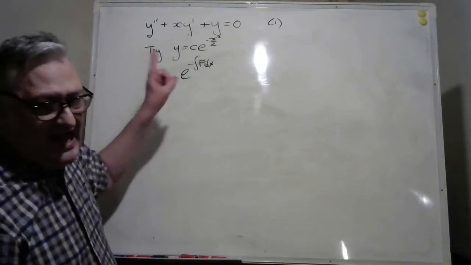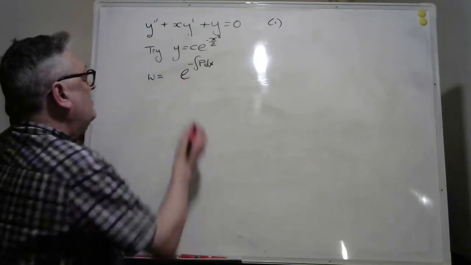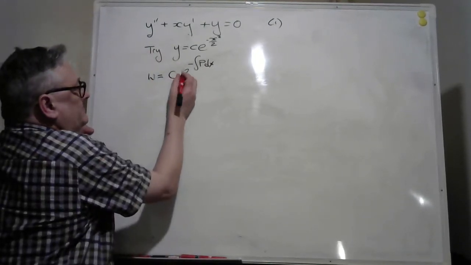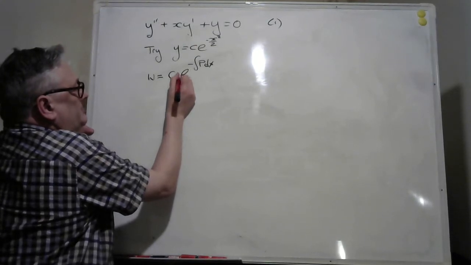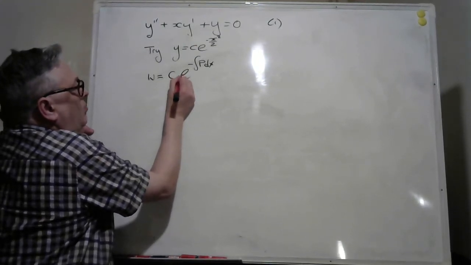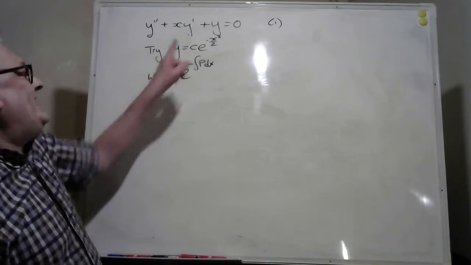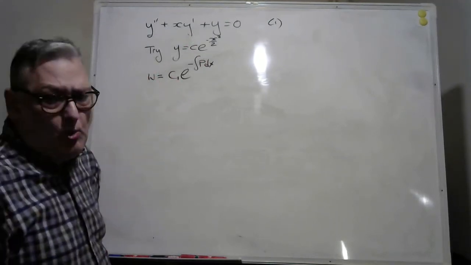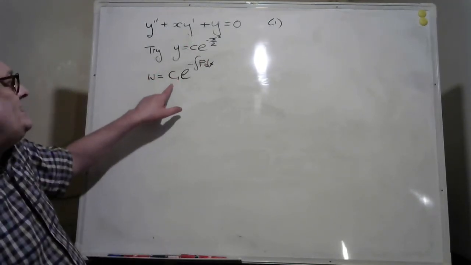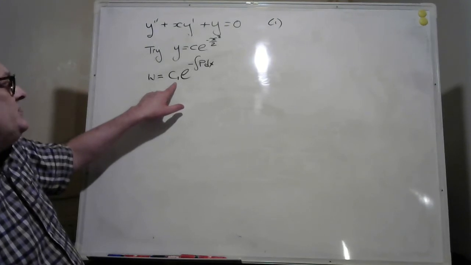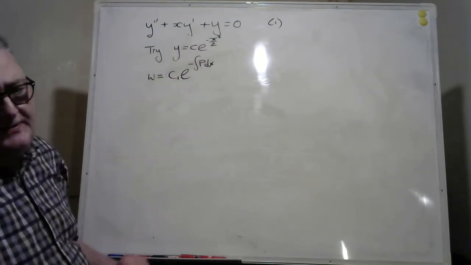What I should have had in that video was another constant, which we'll call C1. I know that's C, but I'm calling that C1. So the Wronskian should always have a C1 coefficient in front of the exponential.